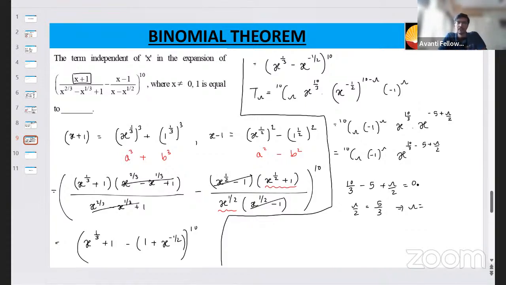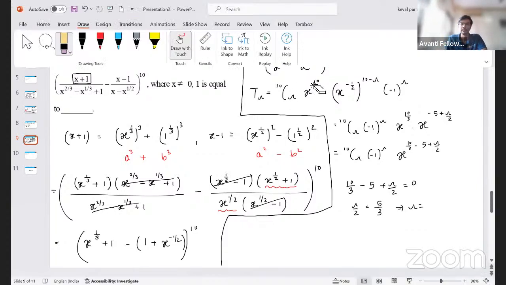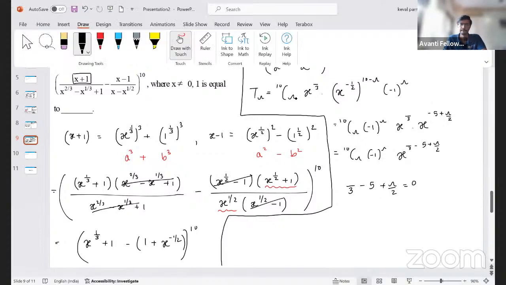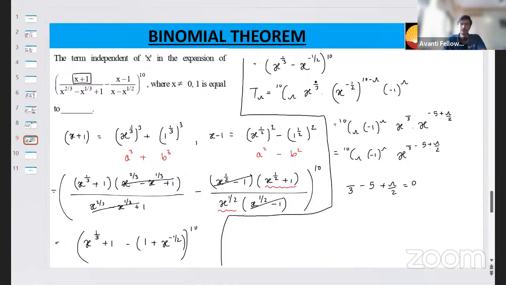कैलकुलेशन देखो, NCR x raised to the power, oh sorry sorry, it should be r by 3, na? So r by 3 plus r by 2.